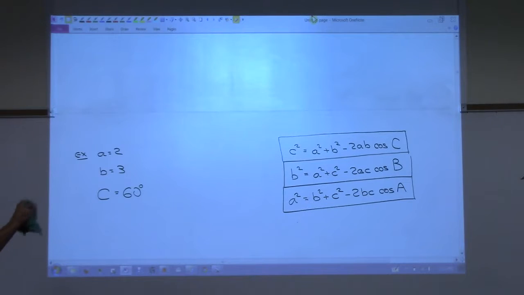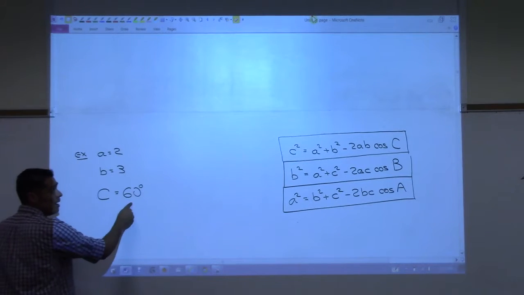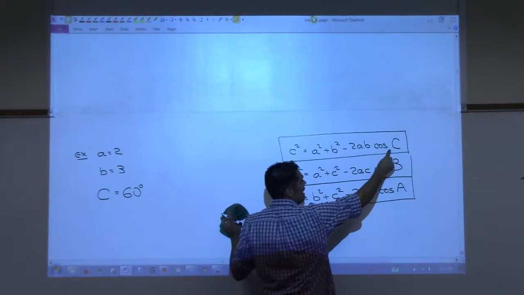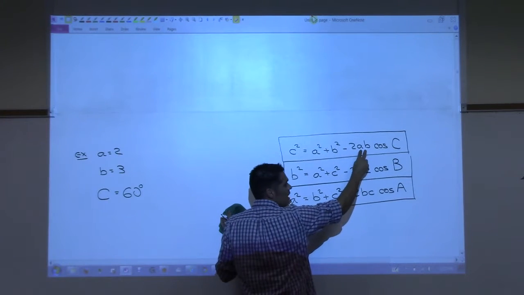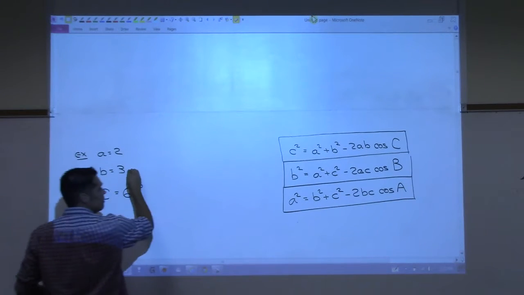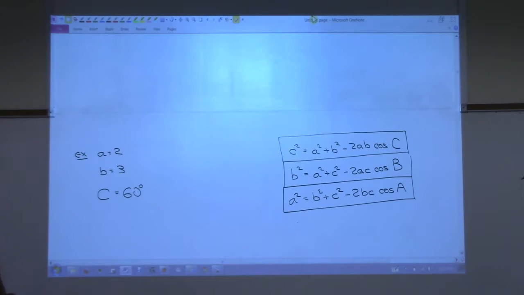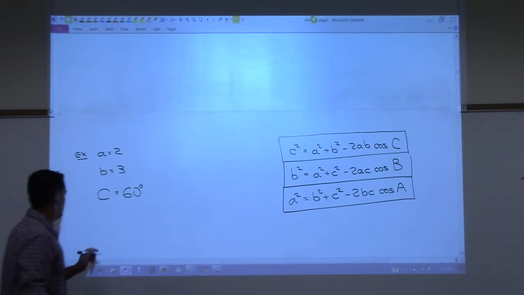I showed that when we set up the ratios, we had 2 unknowns no matter how we did it. So we have capital C, right? Look, this formula has capital C. All I need is little a and little b to use it, right? And I have little a and little b. So I can solve for little c now, can't I? Yeah. Okay, let's do it.